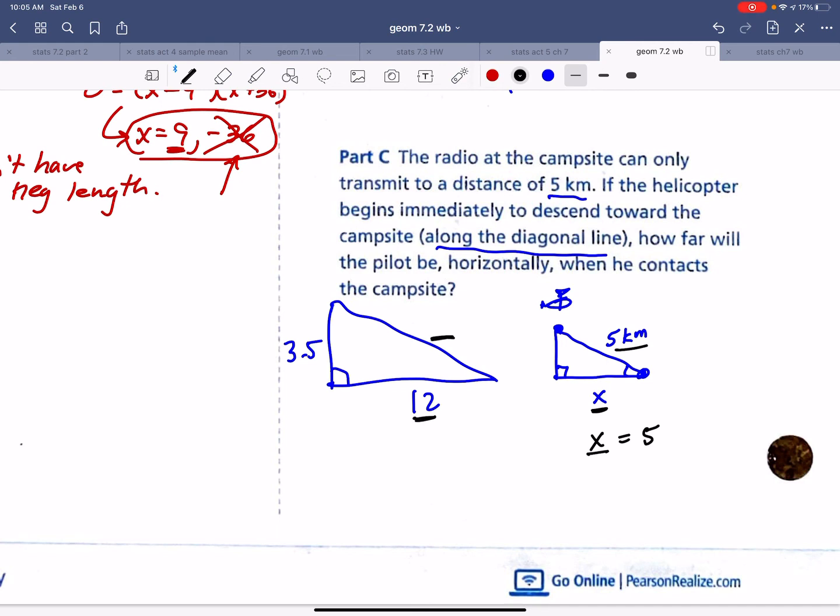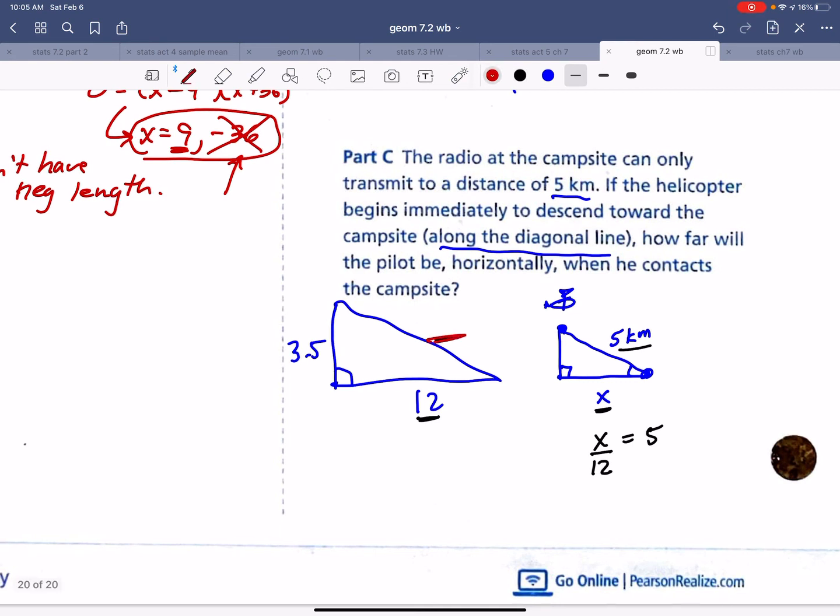It's like, oh, no. But notice I have a right triangle, so I can use the Pythagorean theorem to solve for that, right? C squared. So let's solve for that.